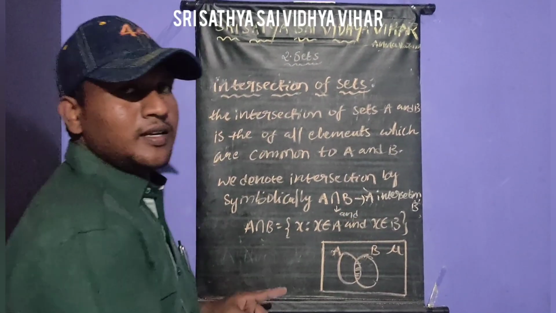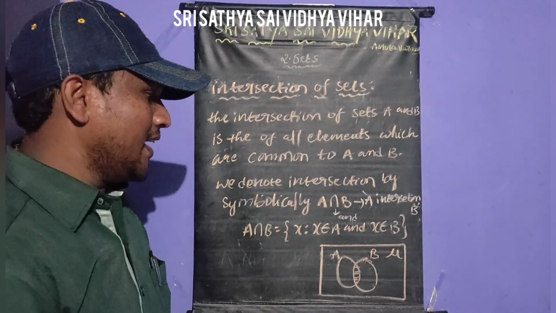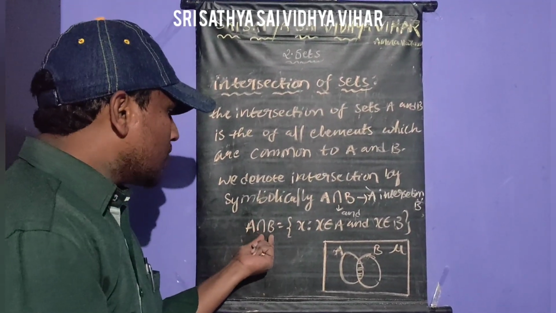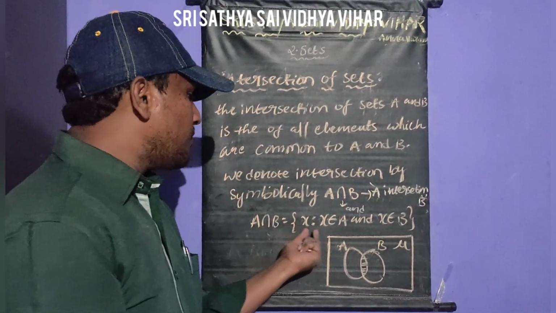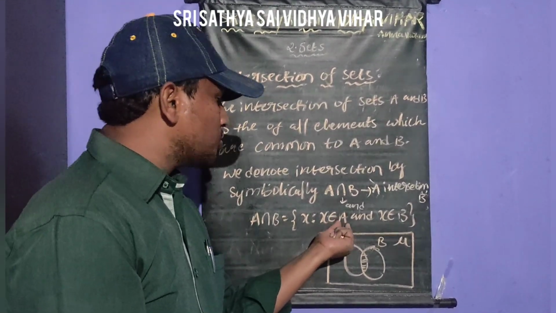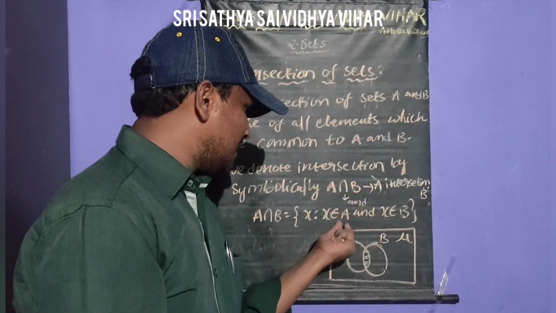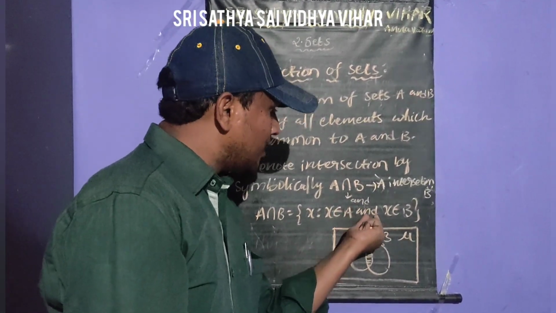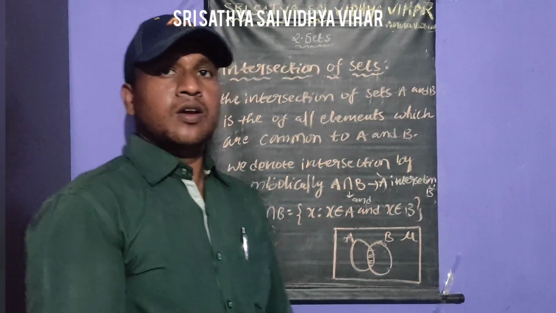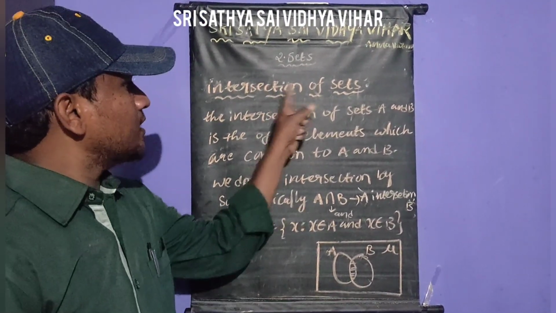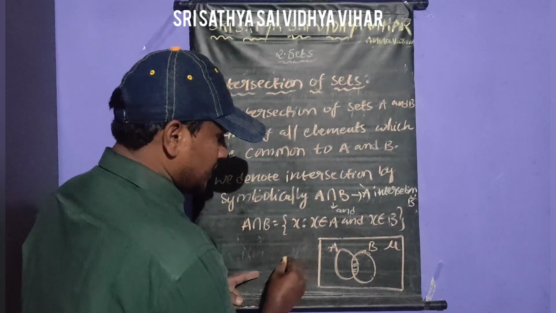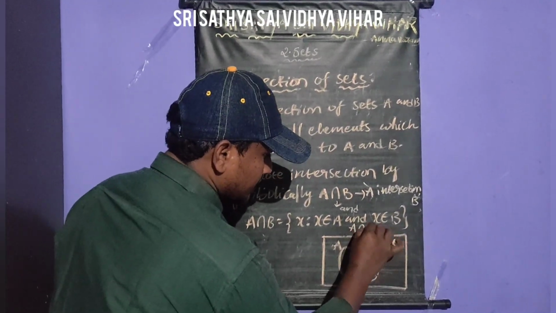What is the set builder form of A intersection B? Set of x such that x belongs to A and x belongs to B. Represented with a Venn diagram, A intersection B.